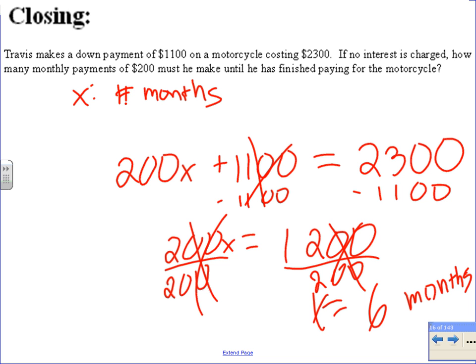There are other ways to set this up. If you were a little bit ahead of me, did anyone set it up differently? Mary, what did you do? Okay, yep. Anyone else? Charles, how did you set yours up? Okay, what did you do?